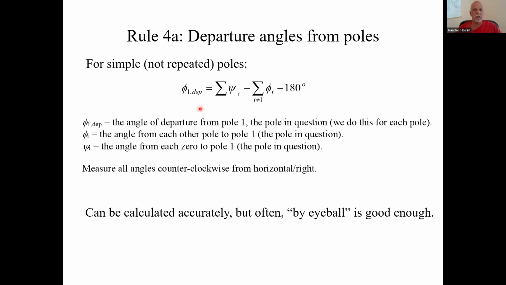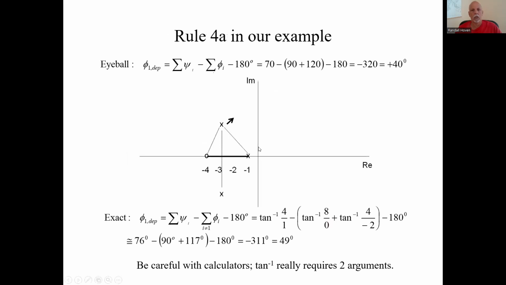So these are the angles from the other pole to the pole in question. A lot of times we can do this by eyeball. I'll show you the exact way to do it, but a lot of times by eyeball is good enough. And any pole that's on the real axis, the angle of departure is going to be either straight right or straight left.